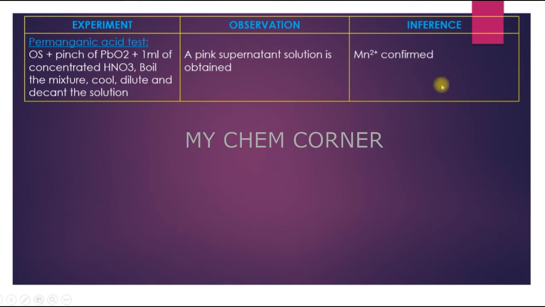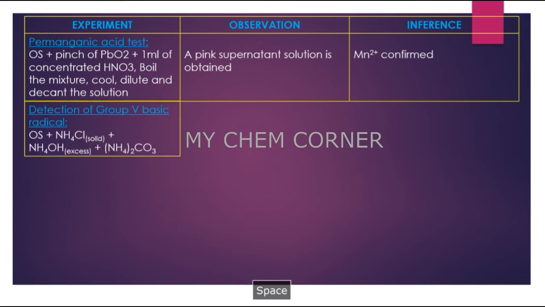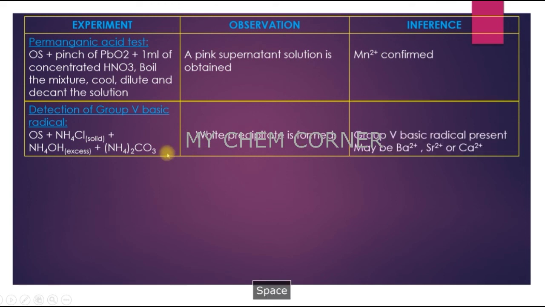So when you do all of this and you don't end up getting any positive test in the group test for group 4, you will leave the entire group 4 and move to group 5. So in group 5, what do you observe? The group 3 reagents are there. Extra, you're adding ammonium carbonate. When you get a positive test, you will get a white precipitate telling that it could be barium, strontium or calcium.